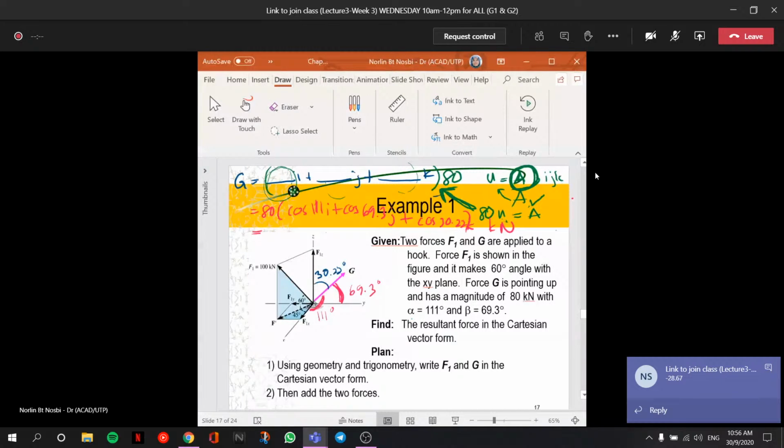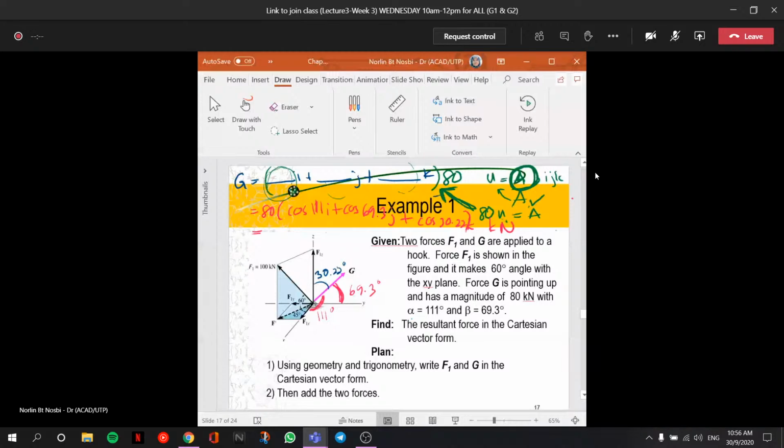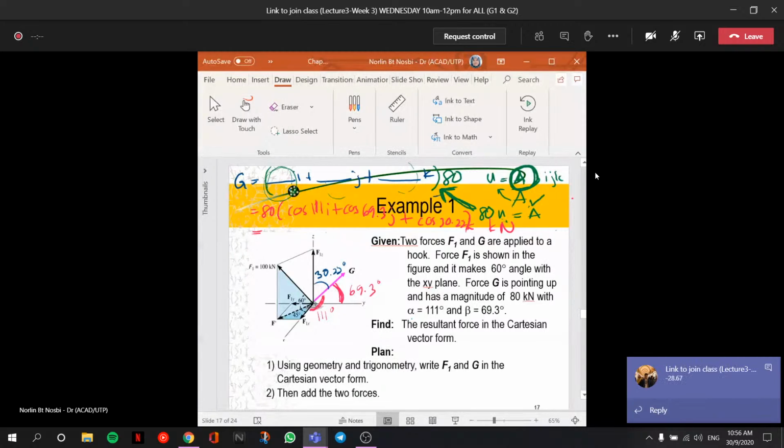So we will get negative 28.67 I plus 28.28 J plus 69.13 K. Don't forget the unit, kilonewton.